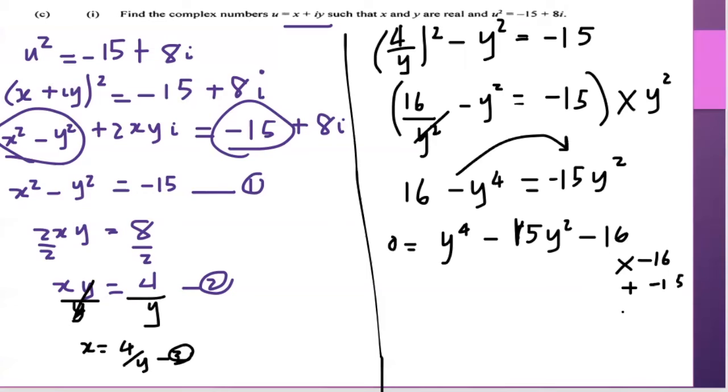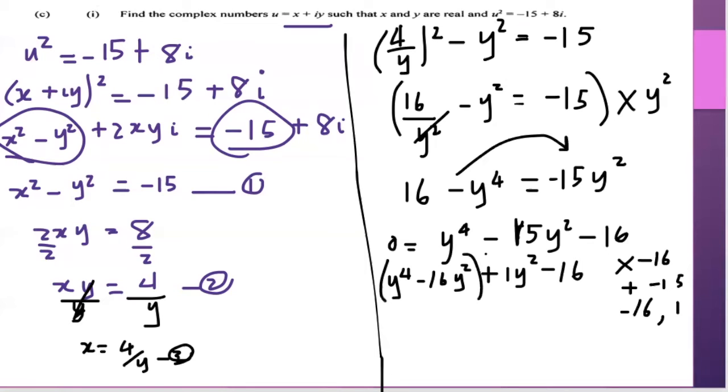These two numbers are minus 16 and positive 1. Now I am going to replace the center. So I have y to the 4th minus 16y squared, followed by plus 1y squared minus 16. Just remember, when you add, you're going to get the center. So adding this, I will get minus 15y squared.